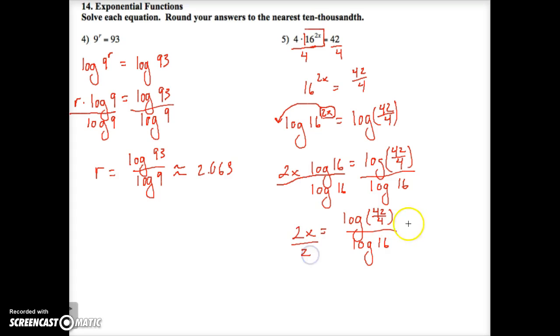Dividing by 2 is the same as multiplying by 1/2, and so I get x equals the log of 42 over 4 divided by 2 log 16, which is perfectly acceptable, or we can evaluate it in the calculator.